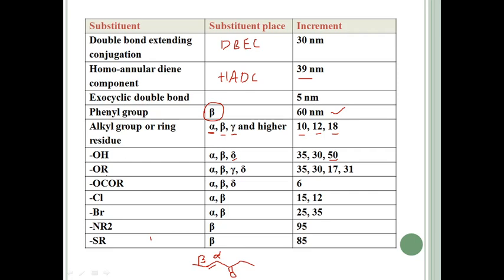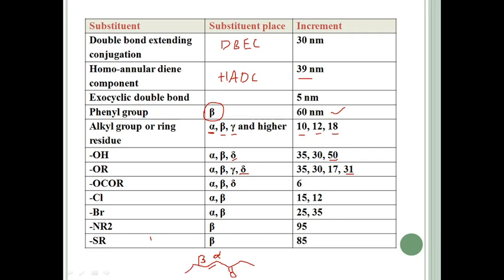Now come to alkoxy substitution. When alkoxy group is present at alpha position, you have to provide 35 nanometer increment. When alkoxy group is present at beta position, you give 30 nanometer increment. When alkoxy group is present at gamma position, 17 nanometer. If it is located at delta position, then you have to give 31 nanometer. I will show the positions also.